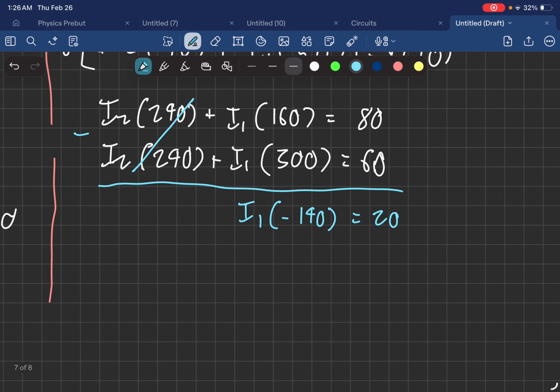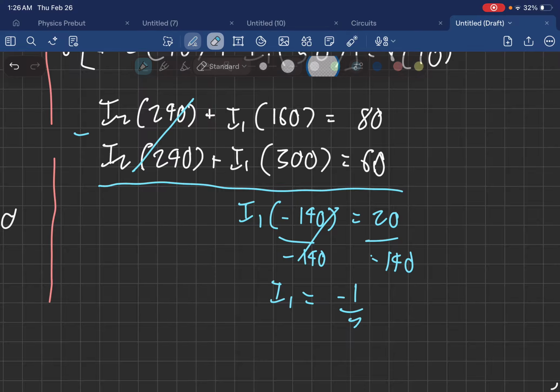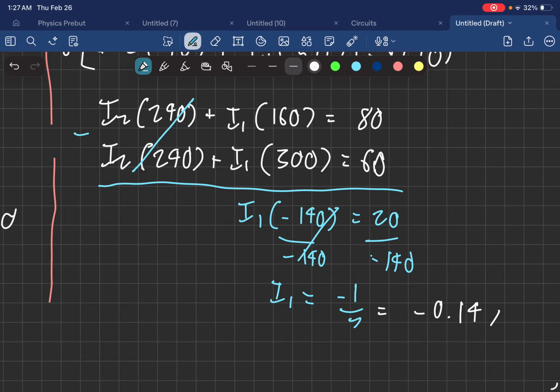Divide both sides by negative 140. You get I1 is equal to negative 1 over 7. What is that? That is equal to negative 0.14. Negative 0.14 amperes.